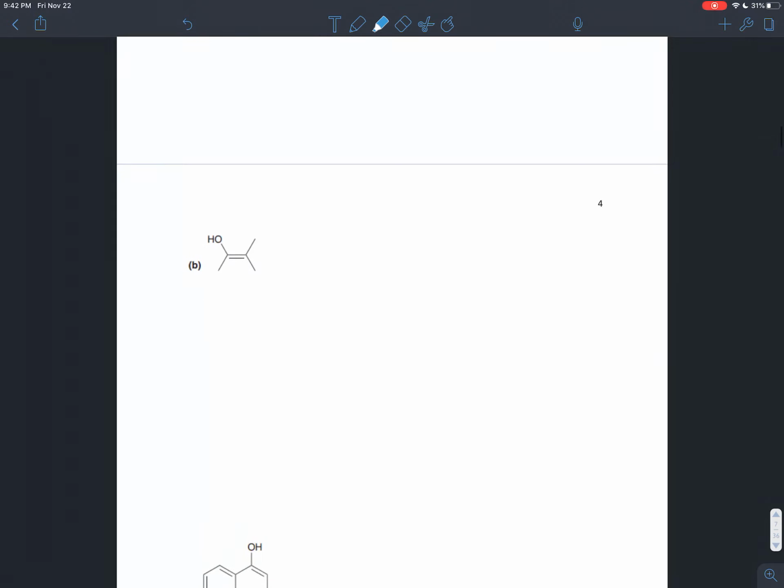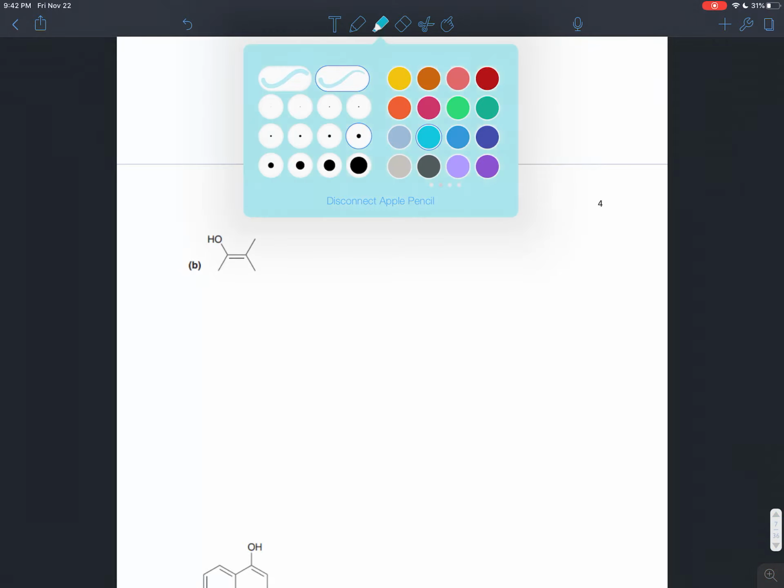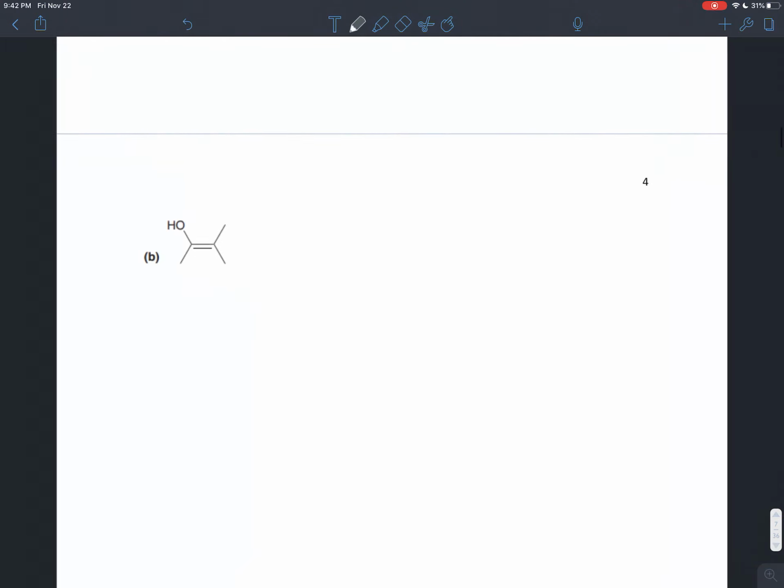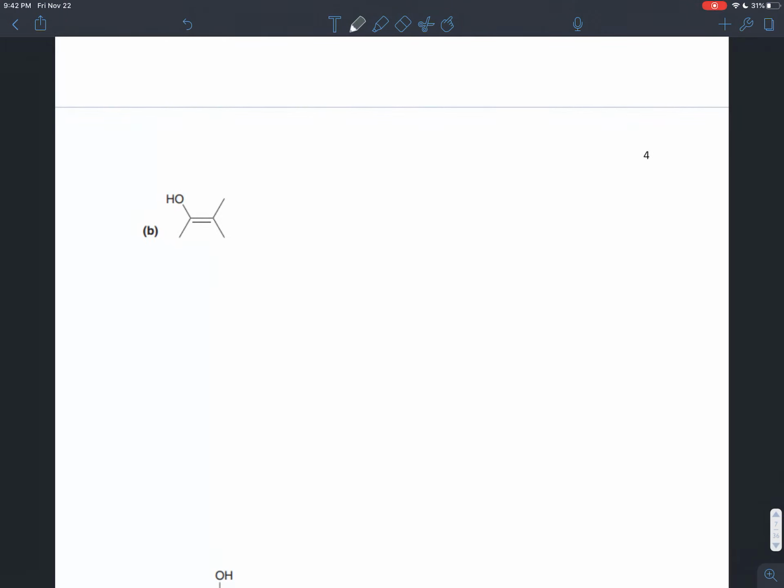Okay, let's try to draw that mechanism on a different molecule. So you see that here we have an enol. We have a double bond, so that's an alkene, and then we have the OH, that's an alcohol, so that's an enol. If you have this enol, the pi bond is nucleophilic.